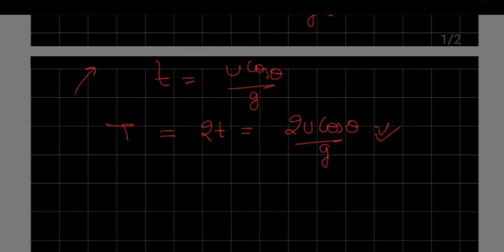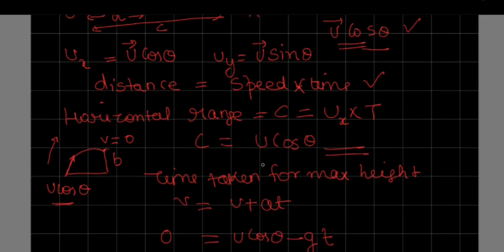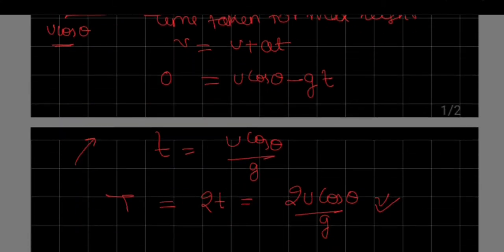Now substitute this value into this equation. Your horizontal range, which is distance, speed into time: ux is u cos theta, and time would be 2u cos theta by g.